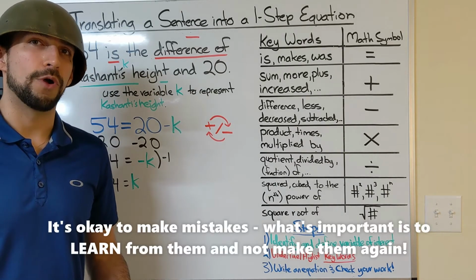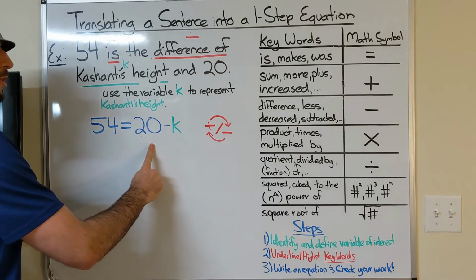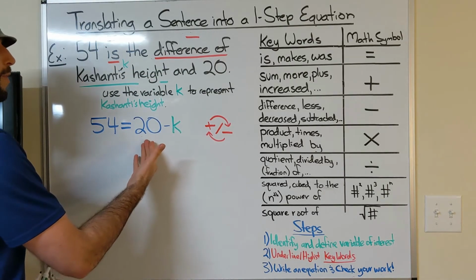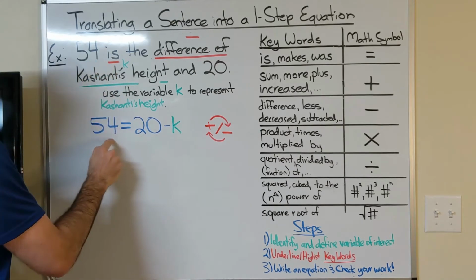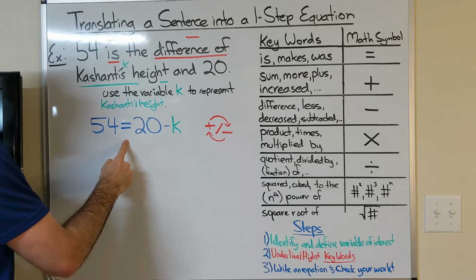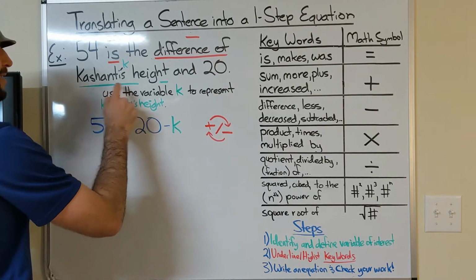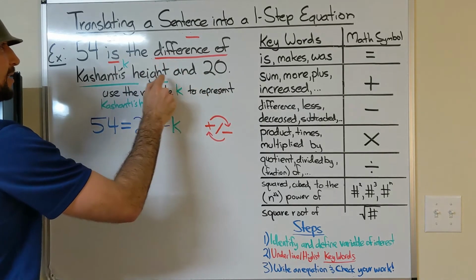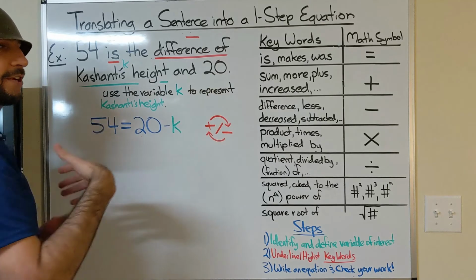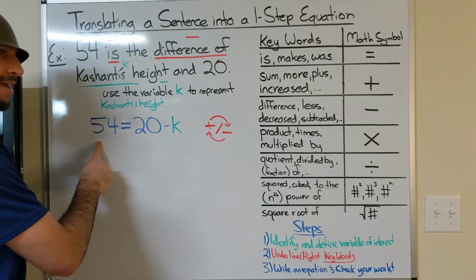So let's see what went wrong, because we now need to correct our equation. When we come back up to this equation, what we're going to do is examine whether or not we've written this correctly, step by step. 54 is, 54 equals. Well, that's hard to mess up. The difference of, so I am going to be subtracting Kashanti's height and 20. Well, just reading this, the difference of Kashanti's height and 20 means, well, if Kashanti was 20 units shorter, she would be 54.